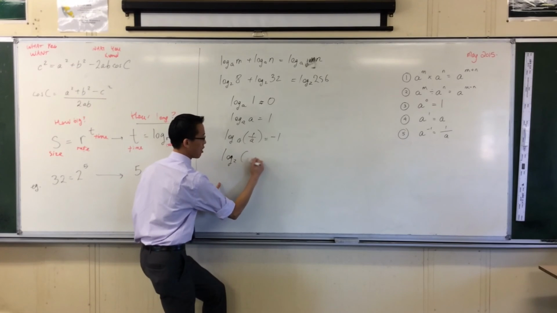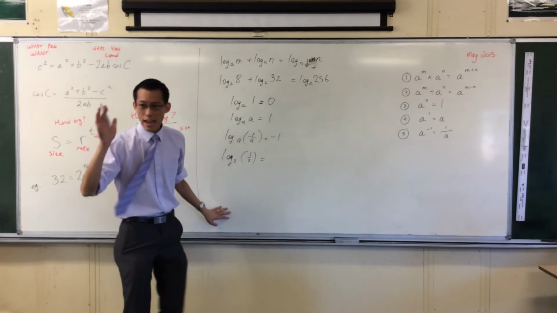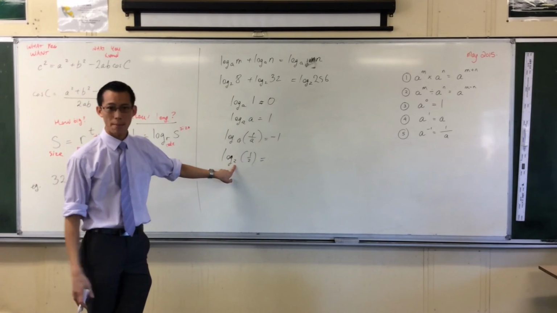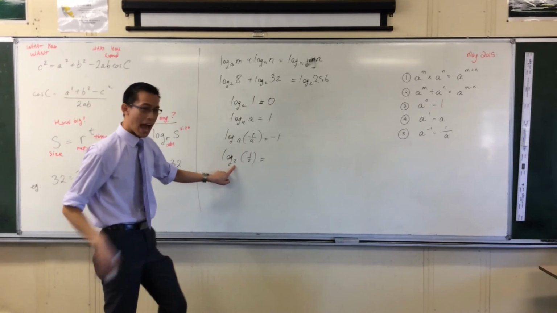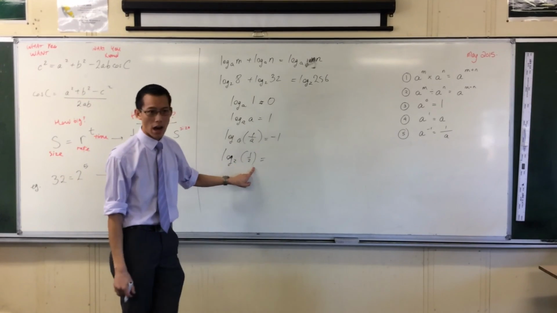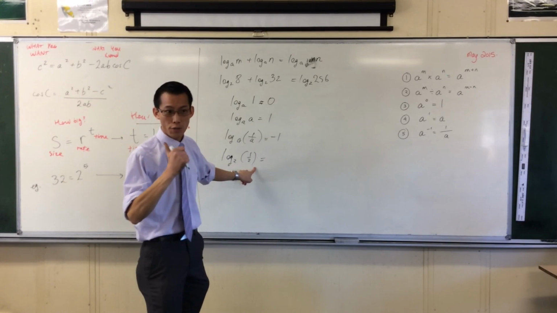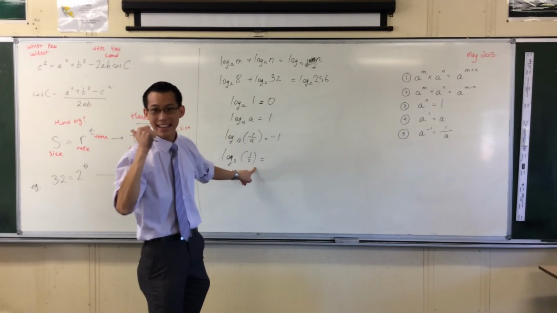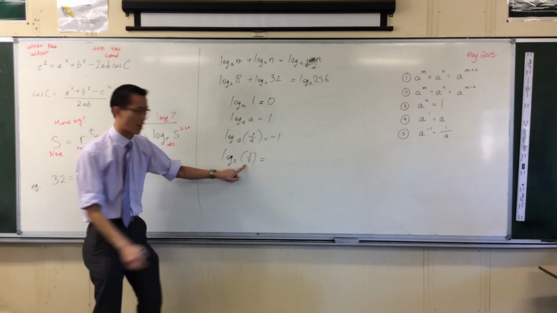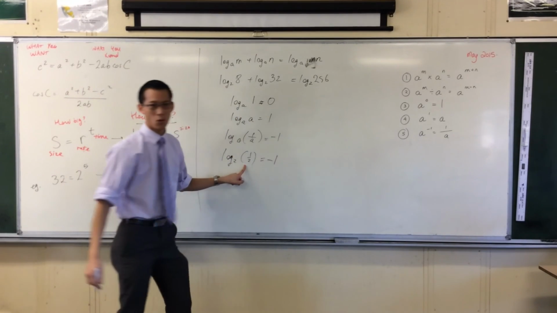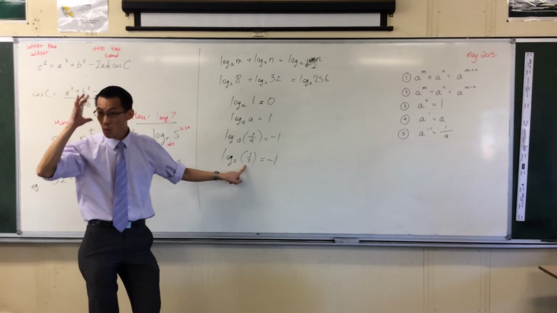Log base 2 of a half. If I'm growing at a rate of 2, I'm doubling every time period. How long will it take me to be half the size I am now? Answer, you've got to go back in time. That's when I was half the size I was. You have to go 1 time period ago. Do you understand what's going on?